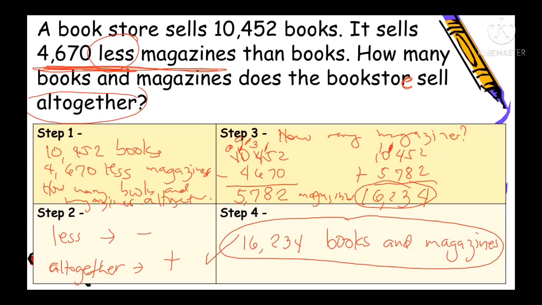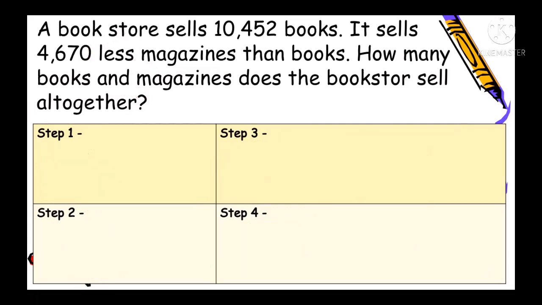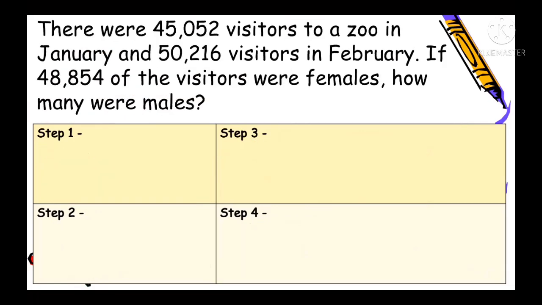Okay, next one. And this will be the last example. There were 45,052 visitors to a zoo in January and 50,216 visitors in February.